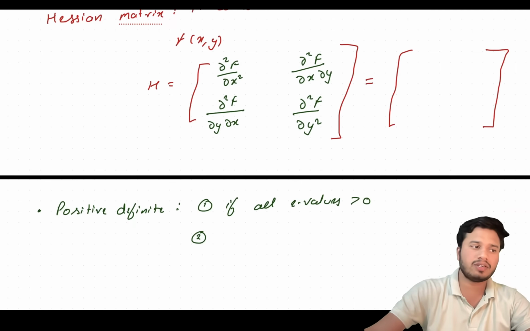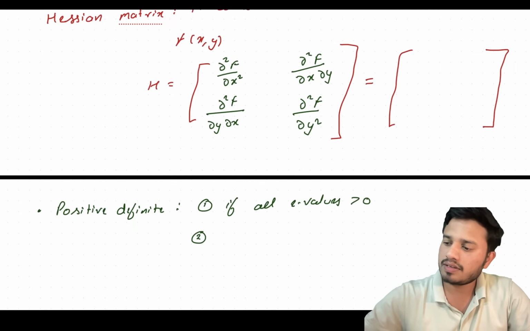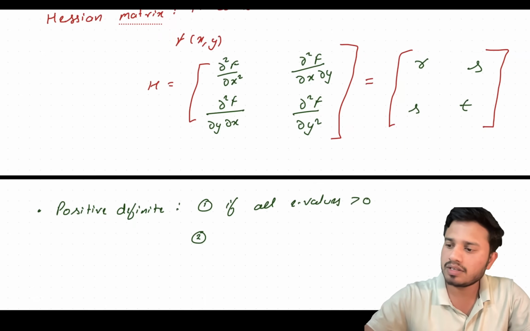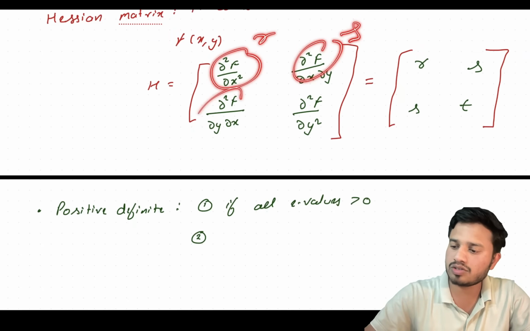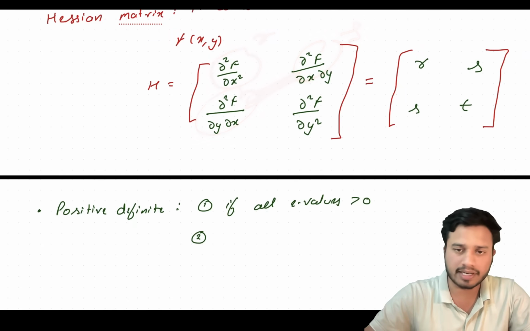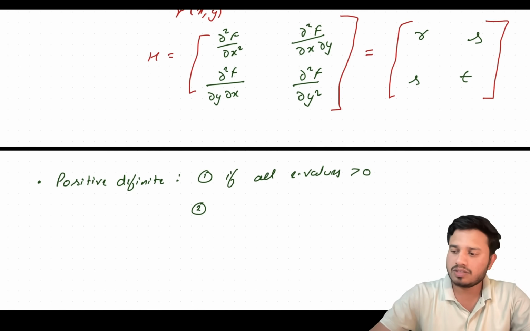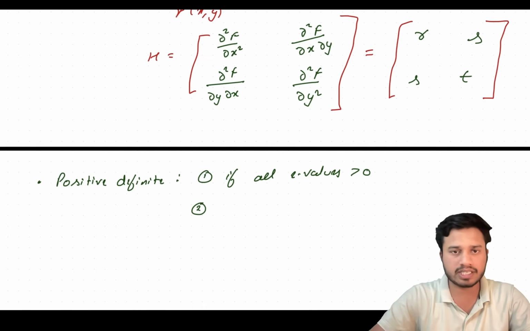that's a standard way of writing the second derivatives. Write it like r, s, so they are equal, and this is t. So the first condition for positive definite is that all the eigenvalues are positive.